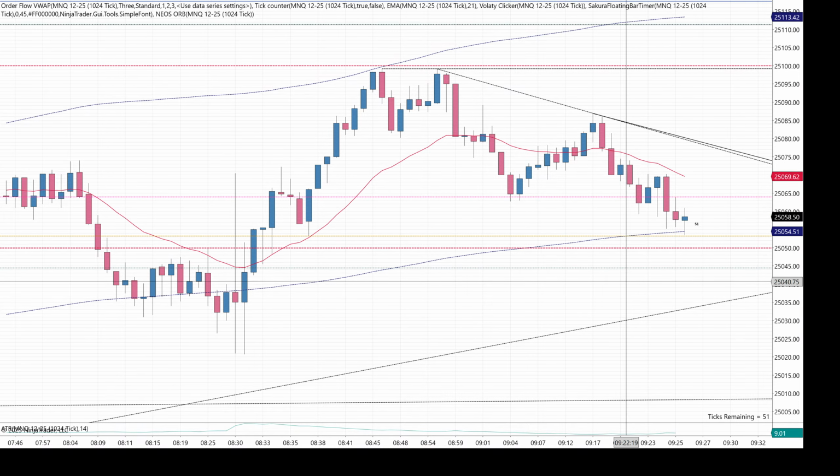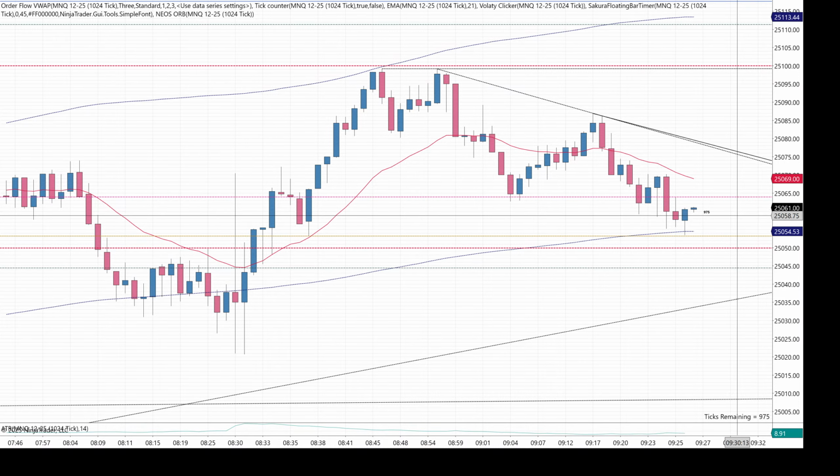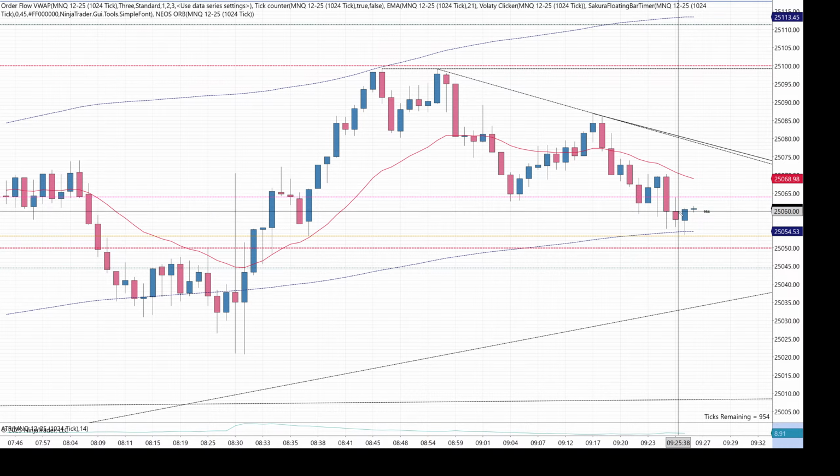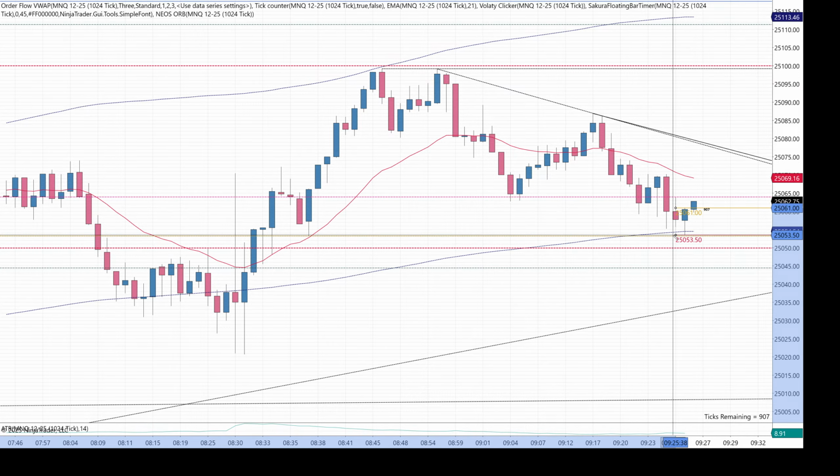Okay, the runner is still going. Excuse me. We now have a false positive bullish signal here.